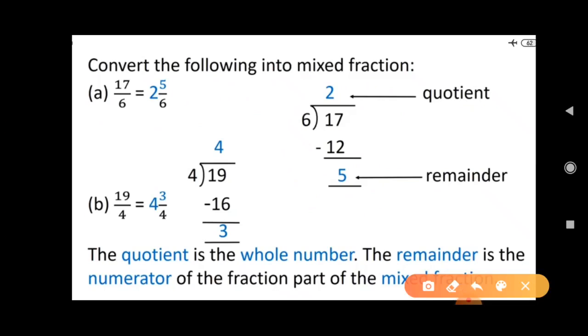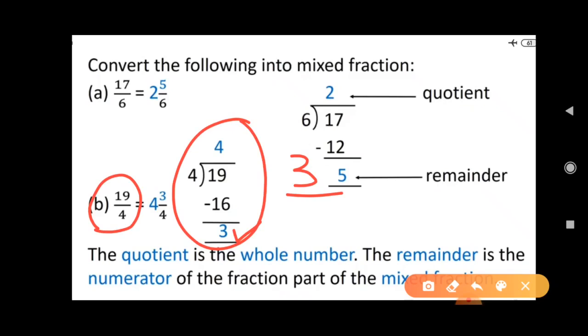Now I want to convert 19 upon 4 into mixed fraction. So first of all I divide 19 by 4. So I get 3 as remainder, that I will write in numerator.